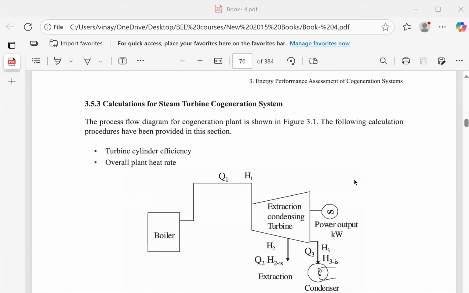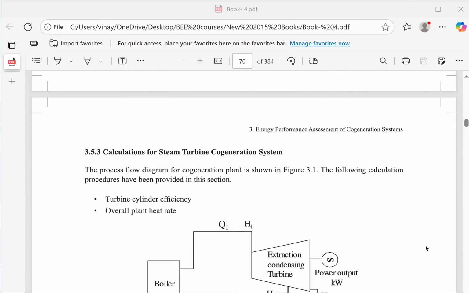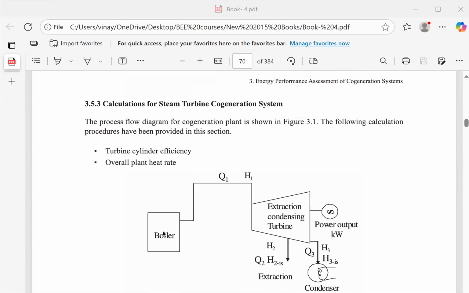Now, calculation for a steam turbine cogeneration system. This is an approximate block diagram. What happens in a steam turbine cogeneration? The boiler is fed either with a fuel, biomass fuel or a waste product. Steam is generated and supplied to the turbine.